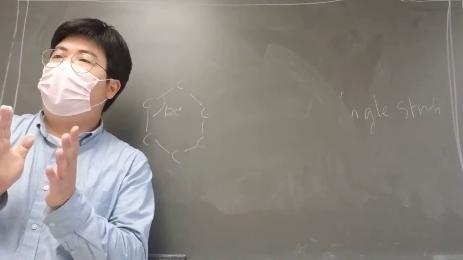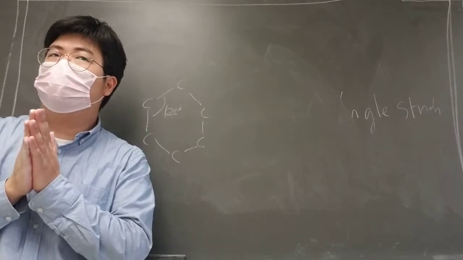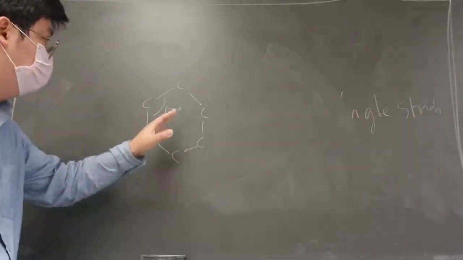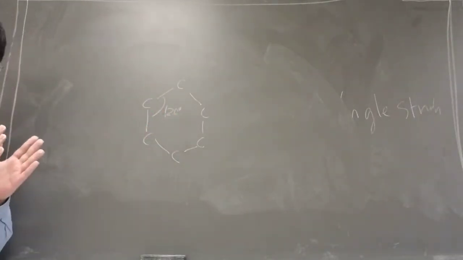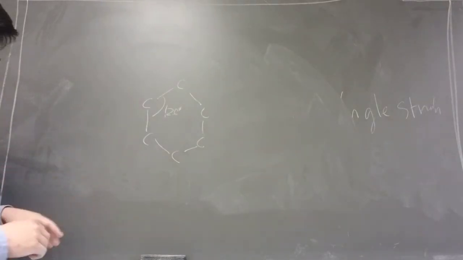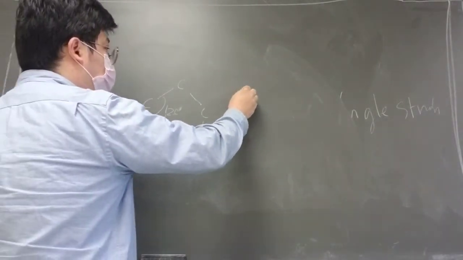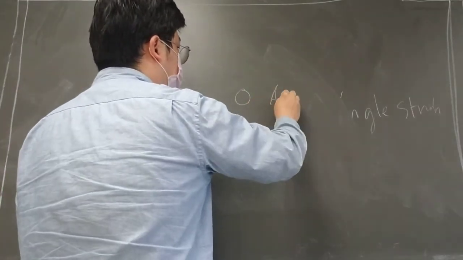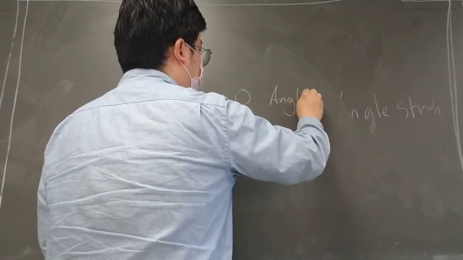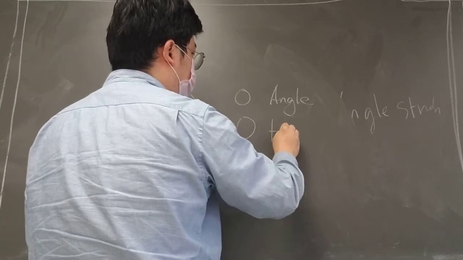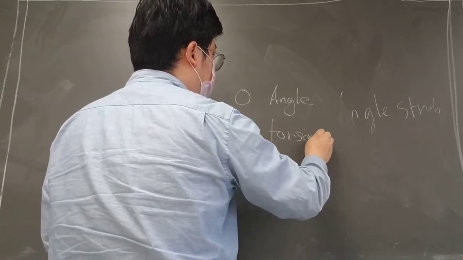So this may also experience some angle strain, right, based on this one. But when we did the experiment, it has almost zero angle strain, and also almost zero torsional strain either.